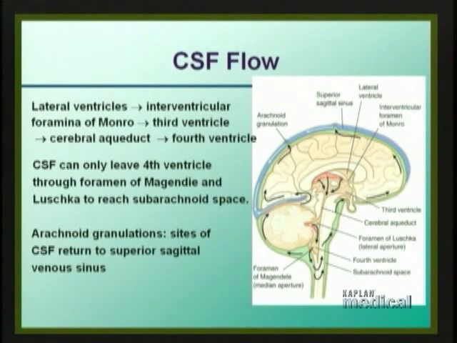And then finally, once CSF enters the subarachnoid space, it circulates completely around all aspects of the central nervous system, obviously extending below the inferior extent of the spinal cord where lumbar punctures can be performed. The sites where CSF is absorbed back into the venous system occur at the level of arachnoid granulations, many of them protruding into the level of the superior sagittal durovenous sinus and returning CSF to that point.